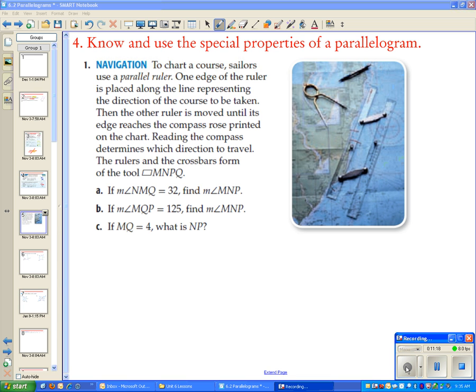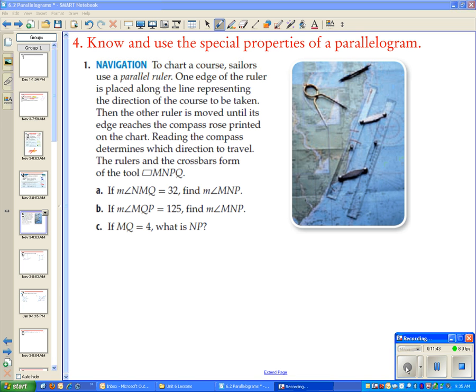I've always wanted to know how to navigate. To chart a course, sailors use a parallel ruler. One edge of the ruler is placed along the line representing the direction of the course to be taken. Then the other ruler is moved until its edge reaches the compass rose printed on the chart. Reading the compass determines which direction to travel.